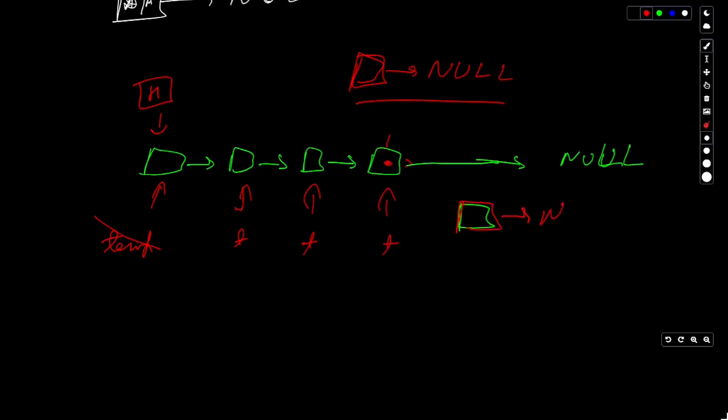Its next will always be null, as we have defined in the class node. Now all we have to do is take this address and point it towards the node that we have created. So it will be pointing towards the new node, and this is all that we would be doing at insert at tail.